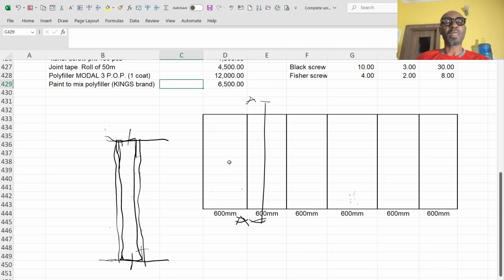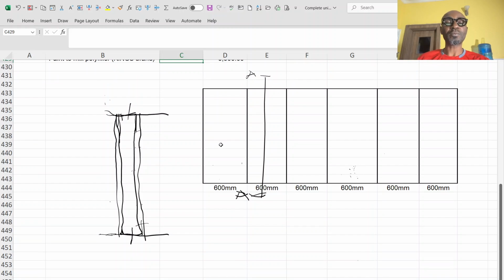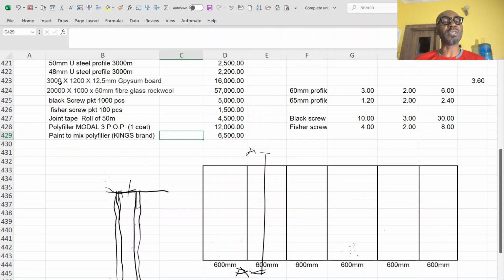And now I want to give us an illustration of how I got the material for 1 square meter, how I got every material for 1 square meter, before we now go to the table. We are going to be using a 1.2 wide board, and the length is 3 meter height.